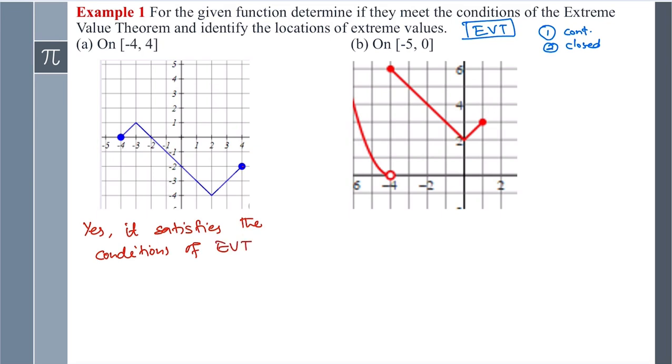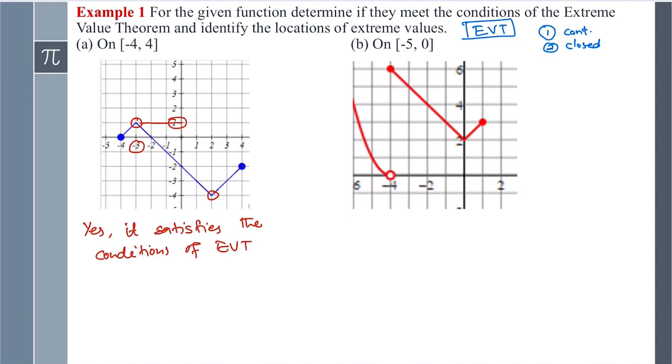If it satisfies the conditions of the extreme value theorem, then we should have an absolute max and min here. If you look at the graph, the highest point on the graph is this point, and the lowest point on the graph is this point right here. The highest point is at x equals -3 and the value is 1.